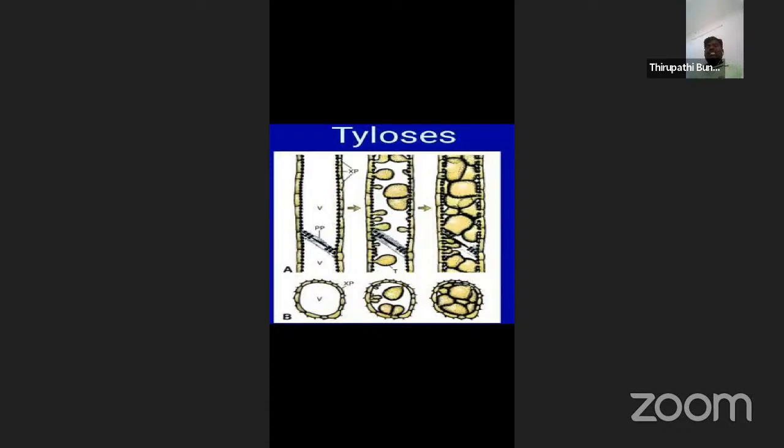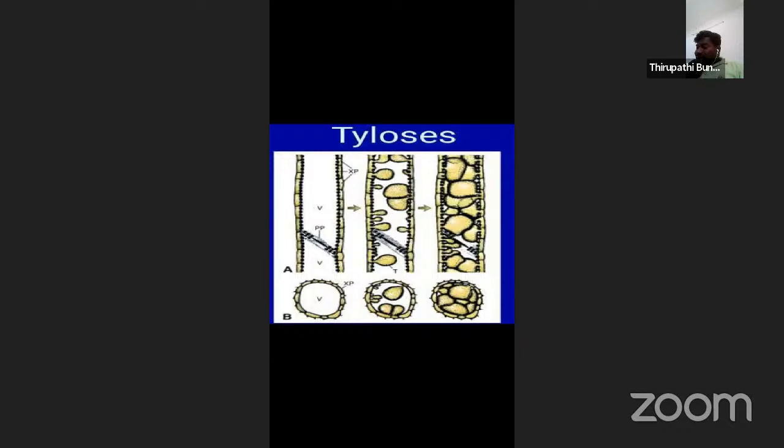Tylosis are parenchyma tissues present in the vessels, just outgrowths, commonly called outgrowths, and they block the conduction. These are inactive cells that block the lumen of vessels. That's why they reduce the permeability of wood. This is the information on tylosis in the lumen.